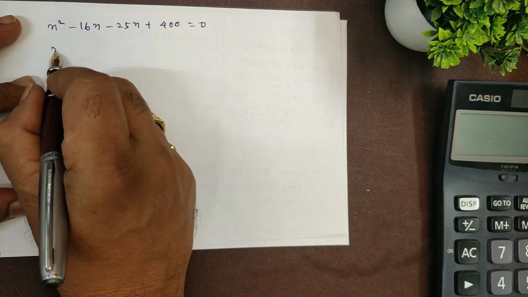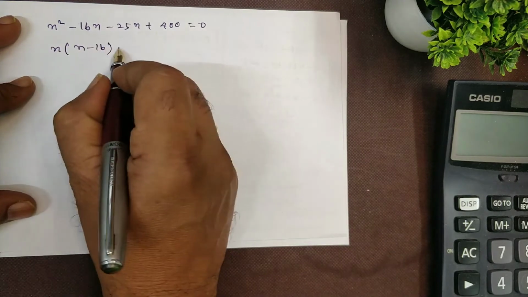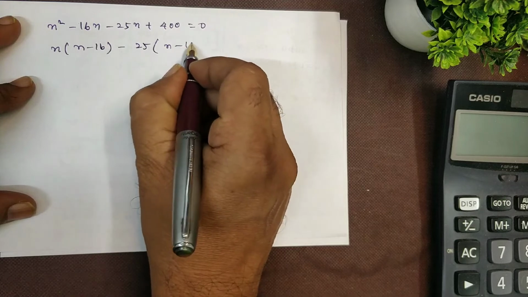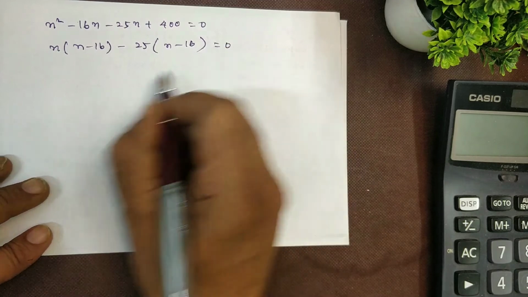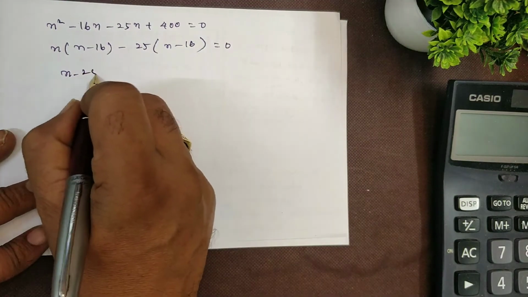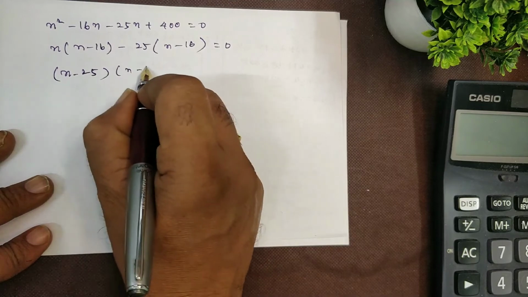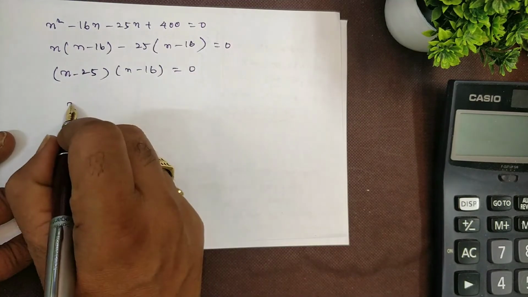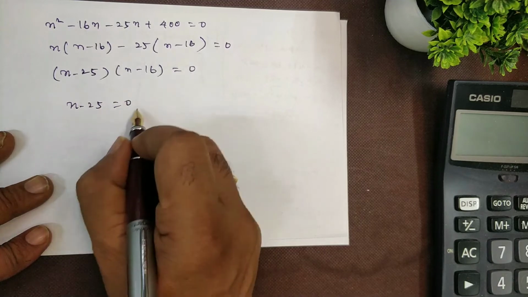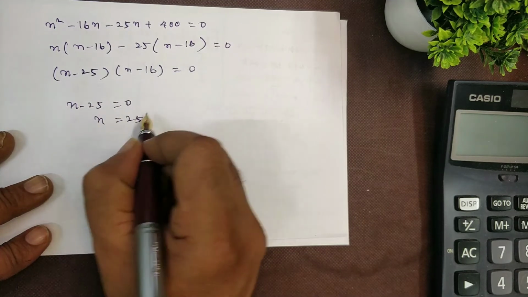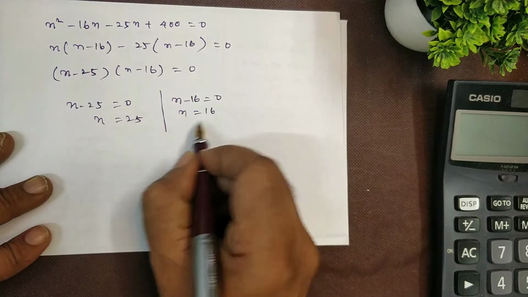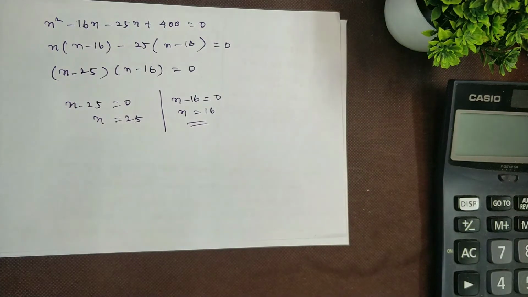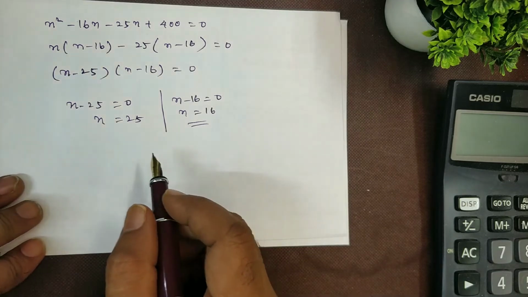So n into n minus 16 minus 25 into n minus 16 is equal to 0. So either n minus 25 should be 0 or n minus 16 should be 0. So n minus 25 is equal to 0 means n is equal to 25. n minus 16 is equal to 0 means n is equal to 16. So there are two possibilities, either 16 or 25.